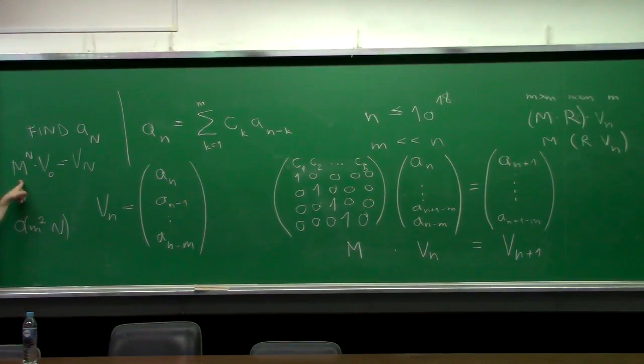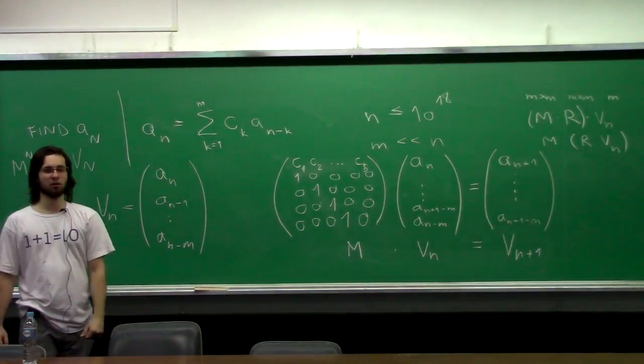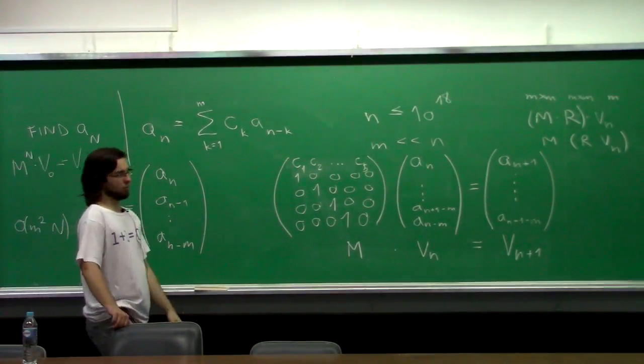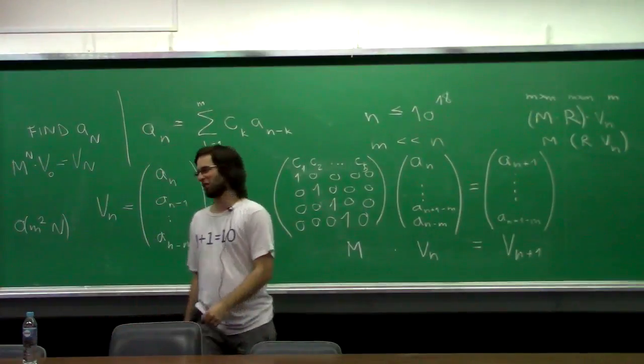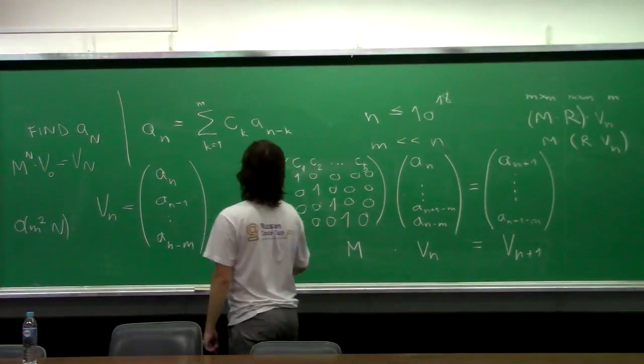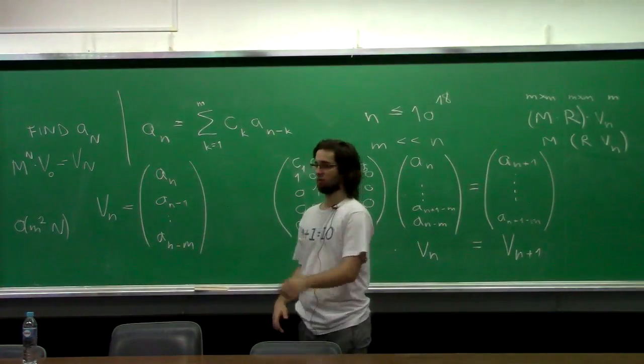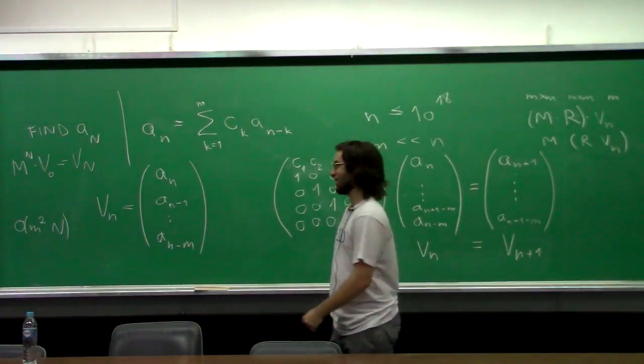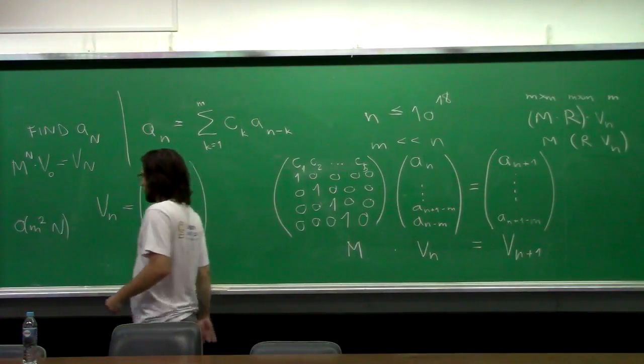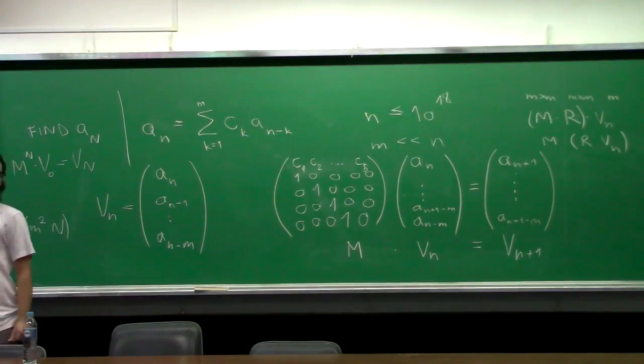But we can use fast exponentiation. Most likely we work modulo some prime or modulo some number, or possibly in real numbers. But in real numbers it's very easy for these numbers to blow up. The exponents would be massive, and it's not a good thing. So we usually work modulo something.